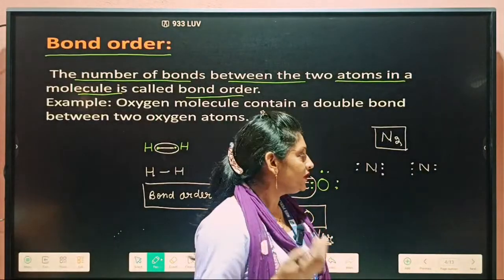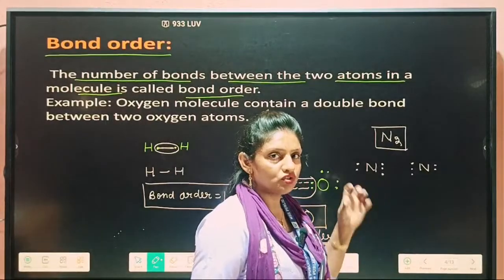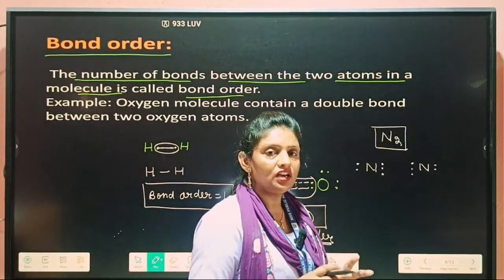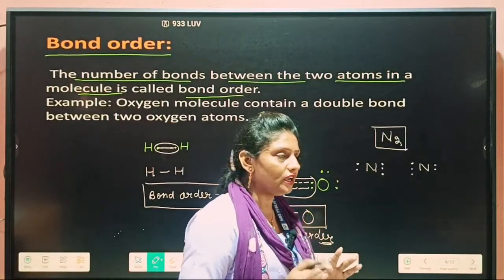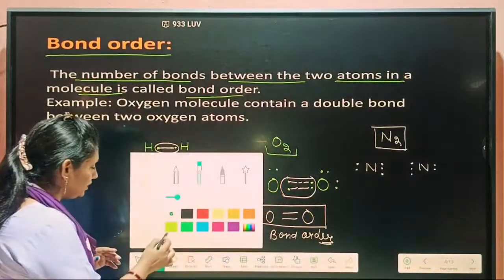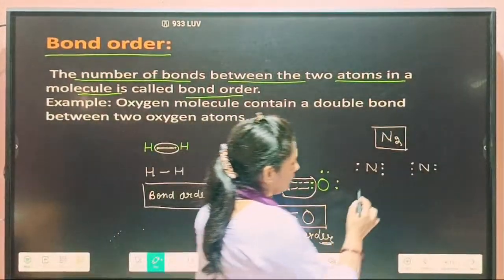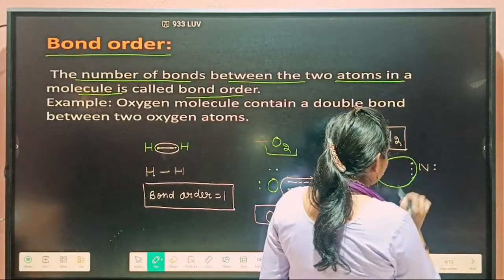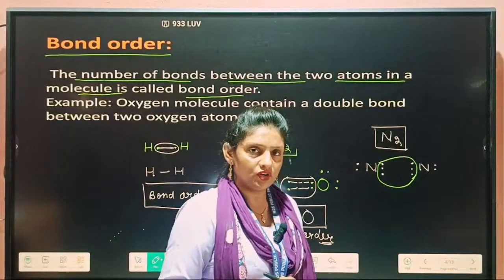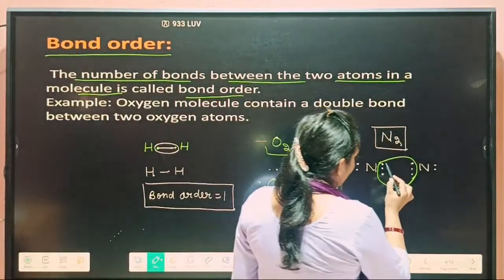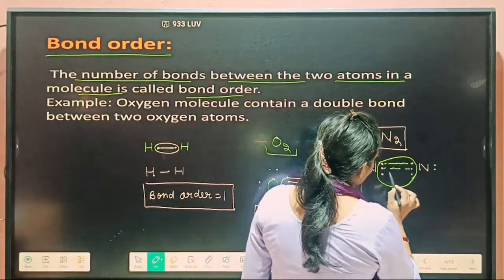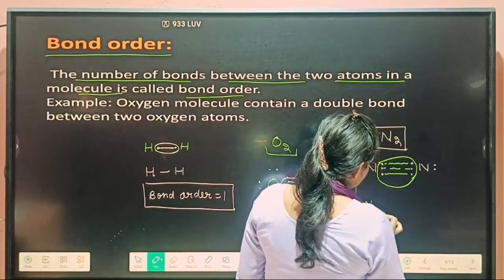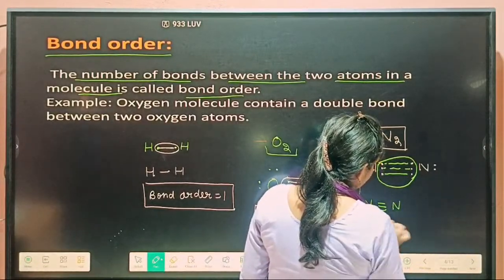So they can do mutual sharing and each one will share 3 electrons. Then students, they can form 1, 2, 3, means 3 bonds between them.